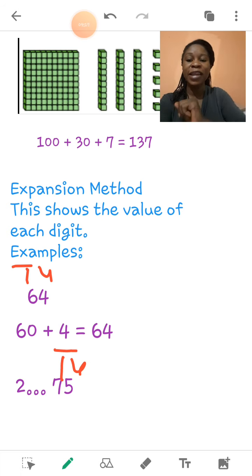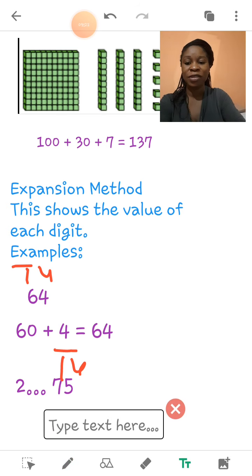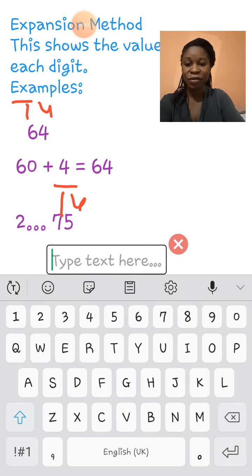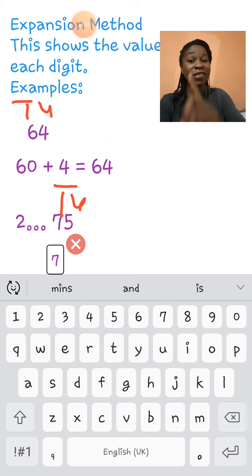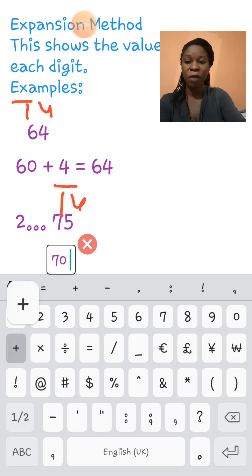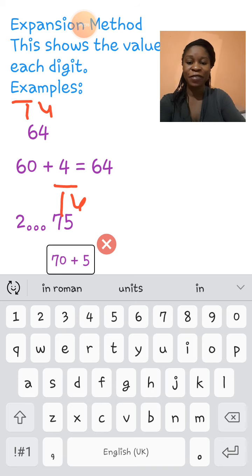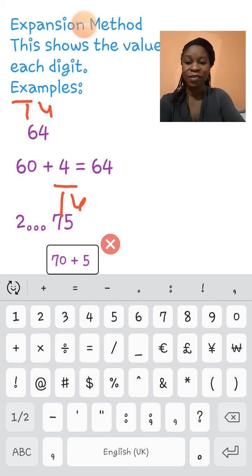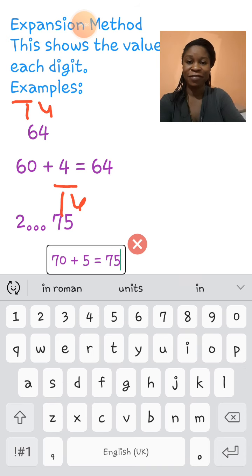So we have represented our tens and units. All we need to do now is to write them out. We write our 7. Don't forget that for every tens, a 0 is represented by tens. 2 zeros is represented by 100. So we have 70 plus 5, which will give us 75. Is it easy? I know it's easy.